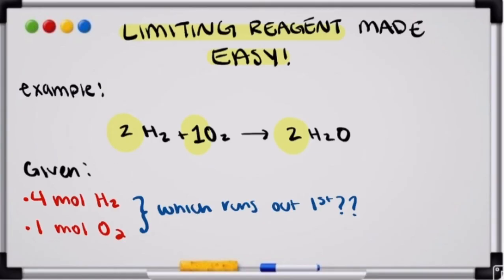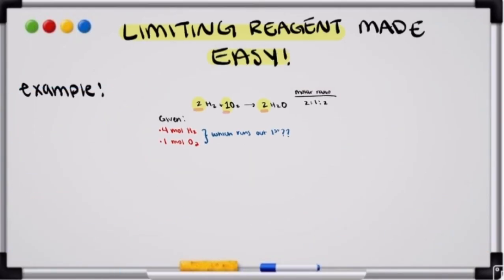In this example, we're going to convert hydrogen into oxygen using the mole ratio from the balanced equation. Now remember that oxygen has a 1 coefficient that's hidden. So our molar ratio for our balanced equation is 2, 1, 2. So when we work out this problem, we take what we're given.